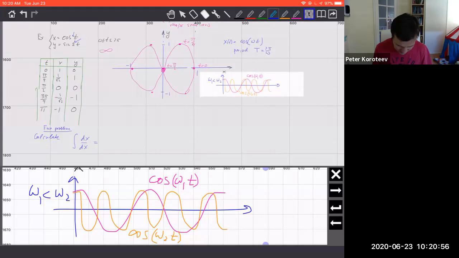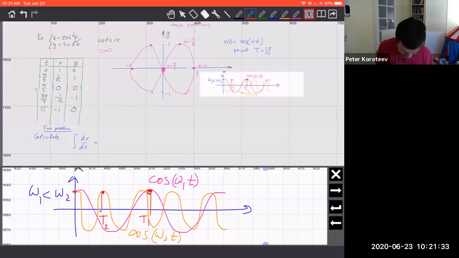Simply because we can just count. This is the point where the first one completes the period. We start from 1 and then we come back to 1, whereas the second curve takes less time. So we can call this interval T1 and this interval T2.